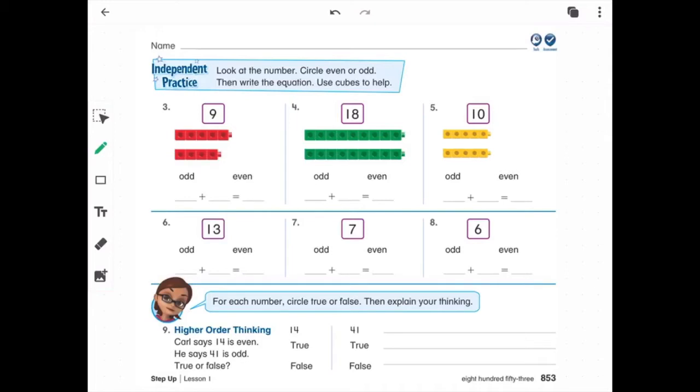Let's get started. Hello, students. Now, if you have a worksheet just like this, then I would like you to follow along and write exactly what I write on my paper, where I write it at.